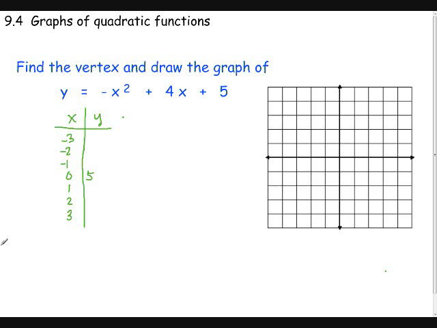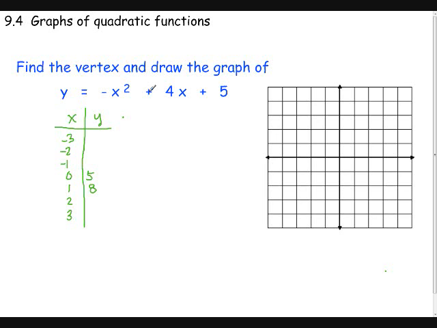When I put a 1 in, what happens? I get 1 squared, or 1, so I've got -1 plus 4 times 1, which is 4. -1 and 4 is 3, plus 5 is 8. So when I put a 1 in, I get an 8 out. When I put a 2 in, I'm going to have 2 squared, or 4, and I'm going to subtract that.